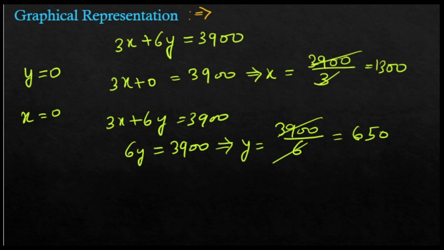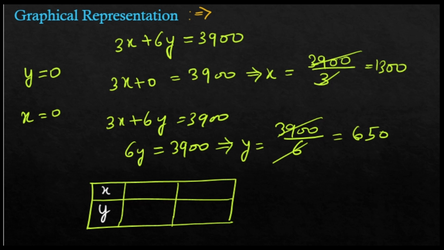So the 2 solutions are: when y is 0, x is 1300, and when x is 0, y is 650. These are the 2 solutions to represent the line on the graph.